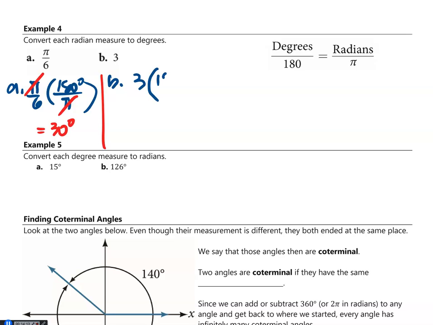Multiply again by 180 degrees over pi, and 3 times 180 is 540 over pi degrees. Or if you divide this, 540 divided by pi is approximately equal to 171.88 degrees.